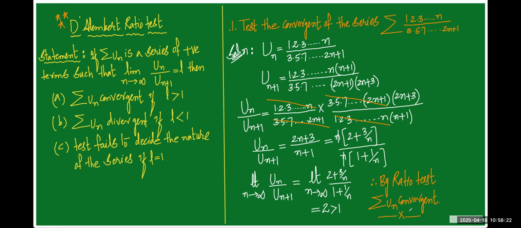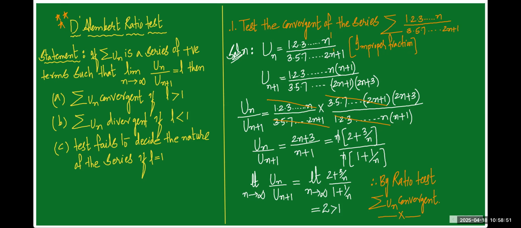Can you repeat how to apply the D'Alembert's ratio test? See, first of all, your question, your un value must be an improper fraction. Why? Because if you see, the power of n in the numerator is 1, and here also the power of n is 1.